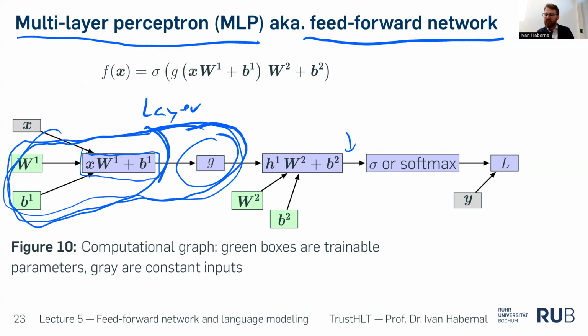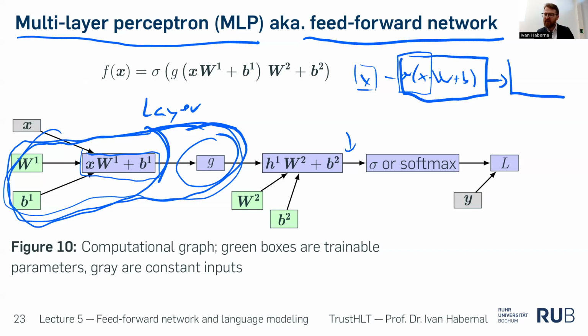Typically what you see is: here's an input, here's my nonlinear function, let's say sigmoid of x times w plus b. So this is just a single box. And then there's another layer, and another layer the same as this. There's some linear projection followed by some nonlinearity in every layer. It's a matter of detail.